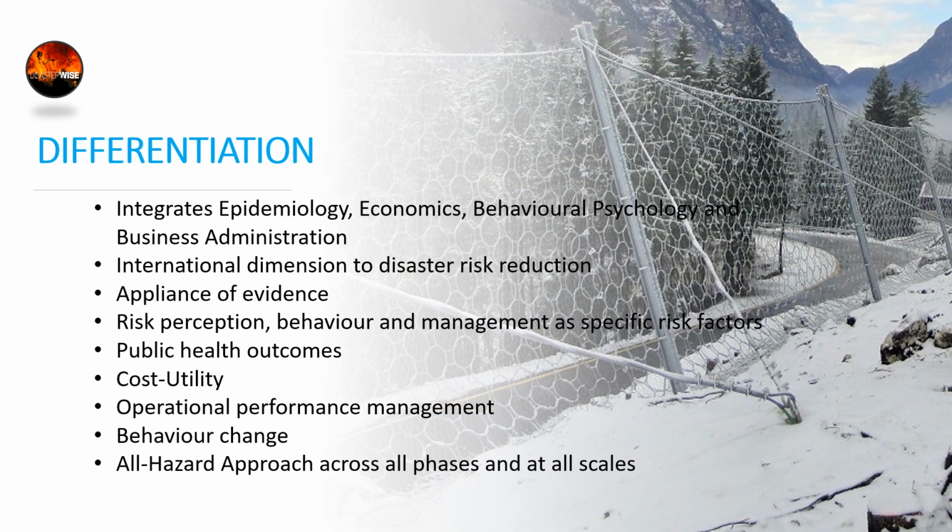But there are a number of other ways in which it is differentiated too. It acknowledges the international dimension to disaster risk, and that includes the compounding and cascading risks and the increasing requirement nowadays for cross-border collaboration as risk appears to be growing faster than we're able to reduce it.